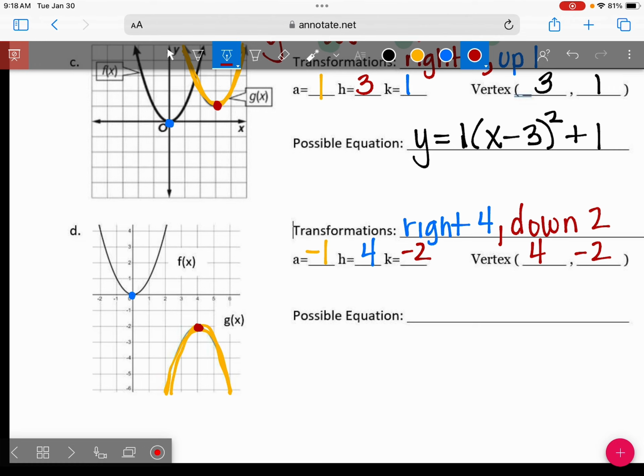So you're just dropping in A, H, and K. So it would be y equals A. Now, what are you going to put inside of your parentheses? x plus 4 or x minus 4? x minus 4 squared. And then -2.